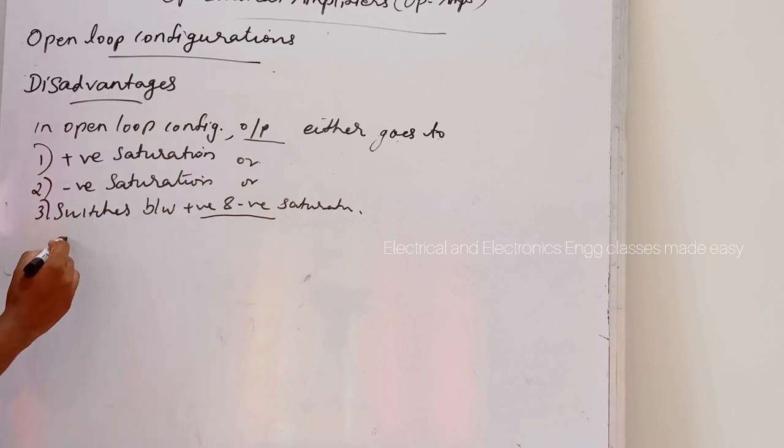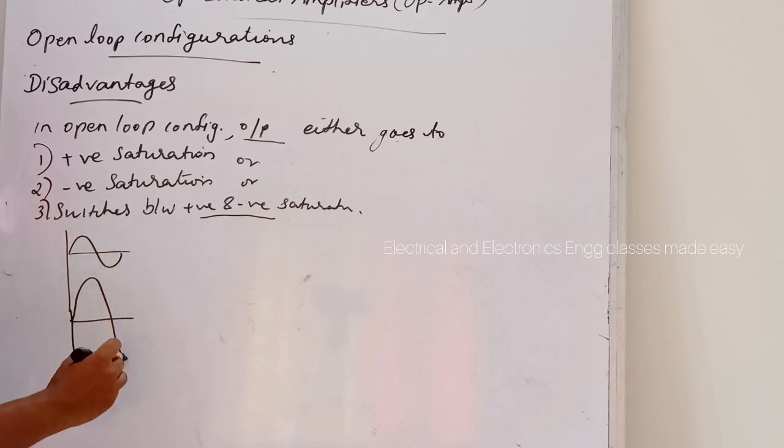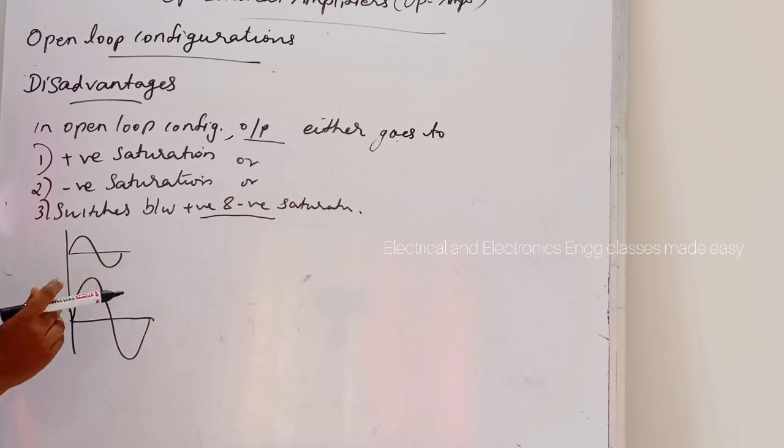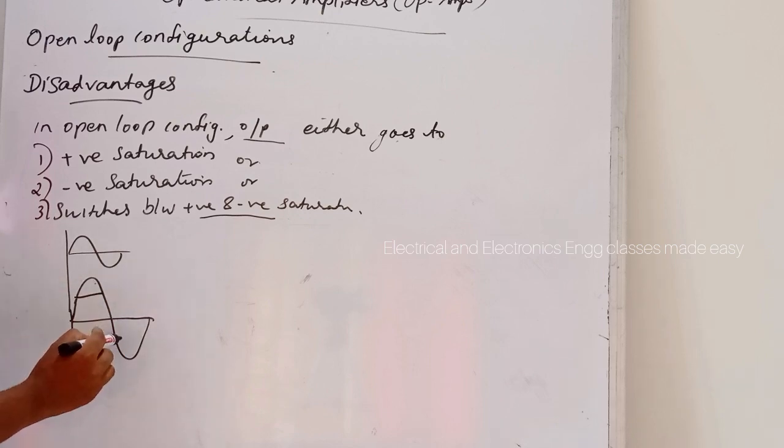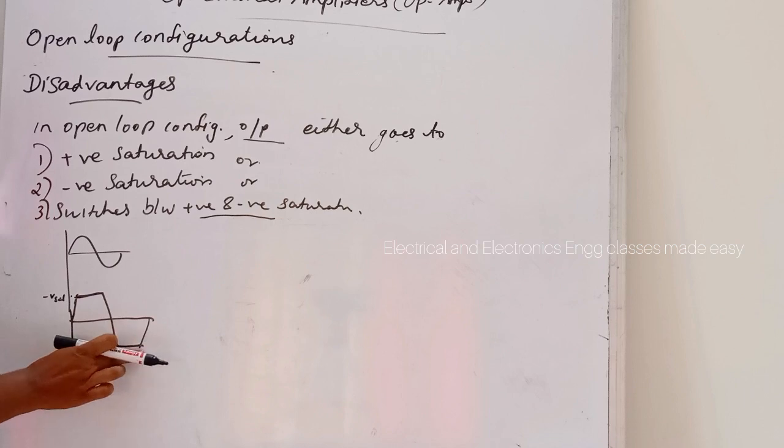That is, if the input is like this, output will be the amplified version, but it clips the output above the saturation levels.